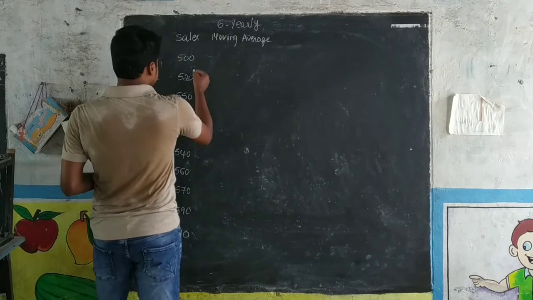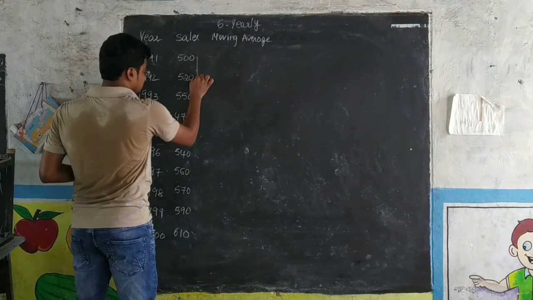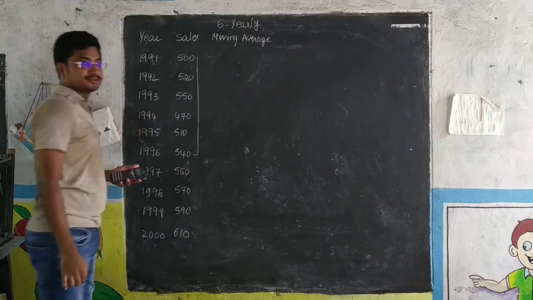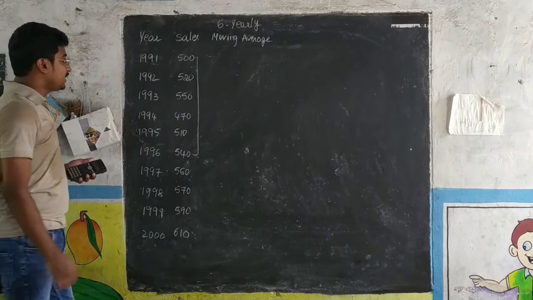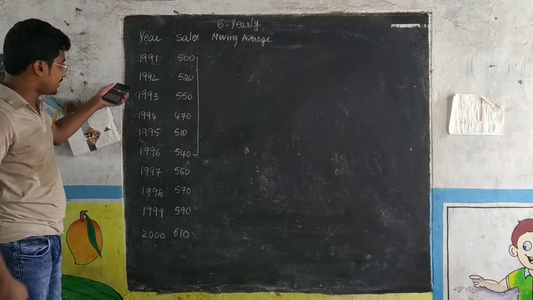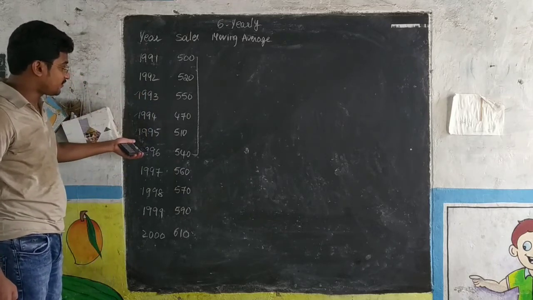Middle years are 1993, 1994. First 6 years are 1991, 1992, 93, 94, 95, 96.